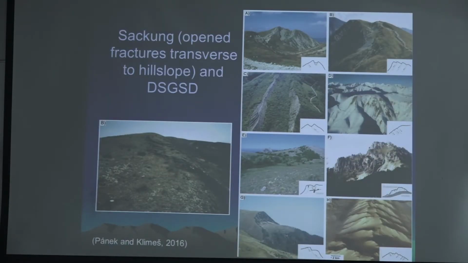In the literature, you can see this kind of scarp and fracture affecting the massif, by the name of sackung also, that corresponds to the opening of fractures, usually transverse to the relief. So you can see different types.